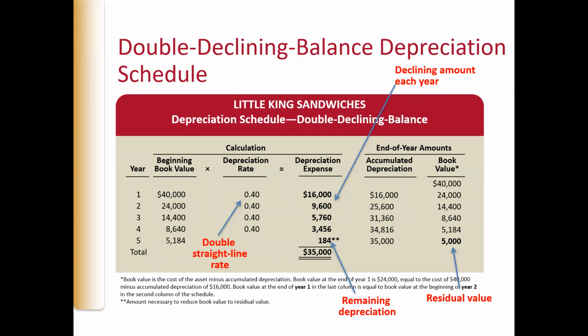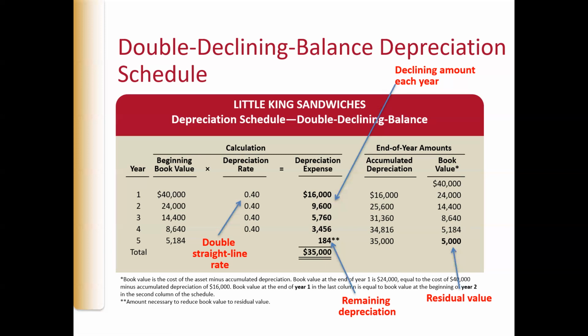Our book value at the end of year 2 is now 14,400. For year 3's depreciation, we take the book value at the end of year 2 times 40%. Then that gets added to our accumulated to come up with our book value at the end of year 3.